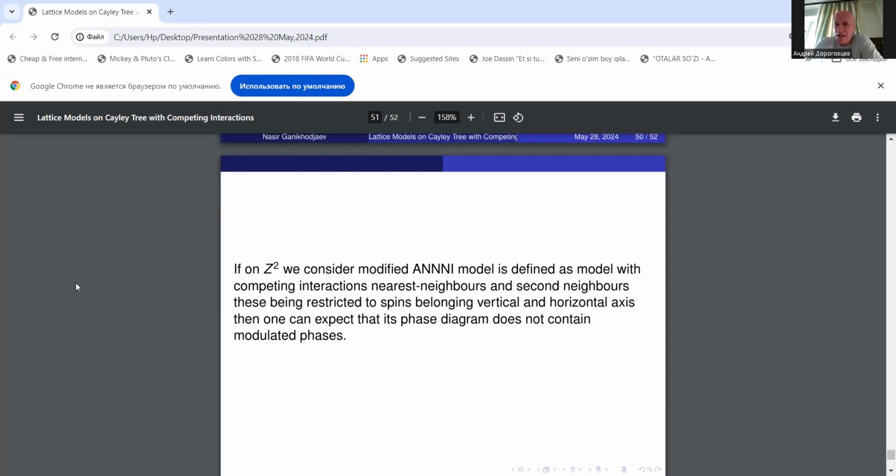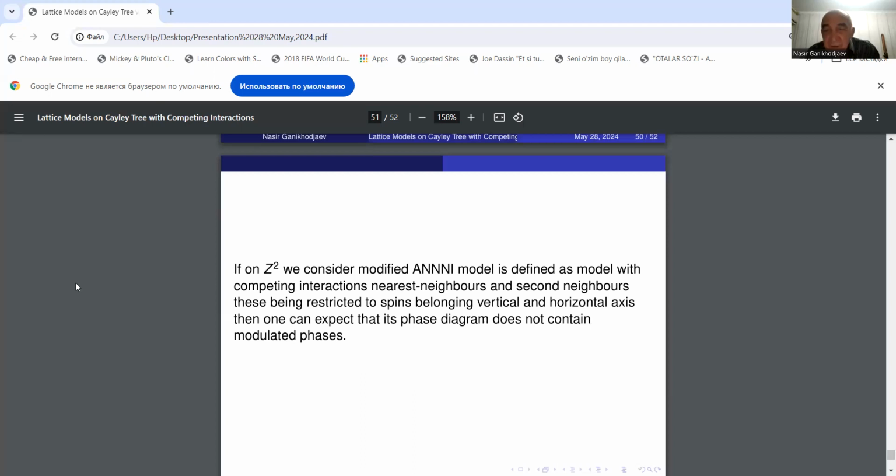But now it looks like you have a lot of statistical sums depending on the boundary conditions, because when you study this Z2 case, the domain has a very large boundary, so you have a variety of boundary conditions.